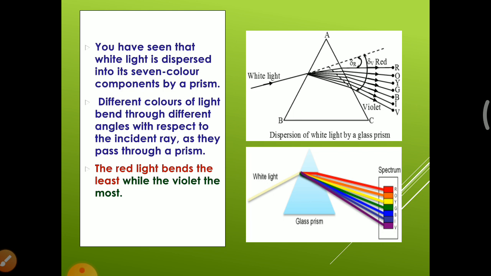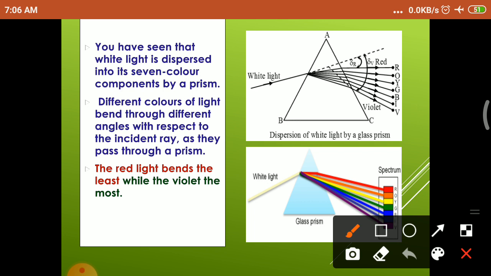You have seen that white light is dispersed into 7 color components by a prism. Different colors of light bend through different angles with respect to the incident ray as they pass through a prism. The red light bends the least while the violet bends the most. Look at this diagram. When the light falls on the prism, it is split into 7 colors.